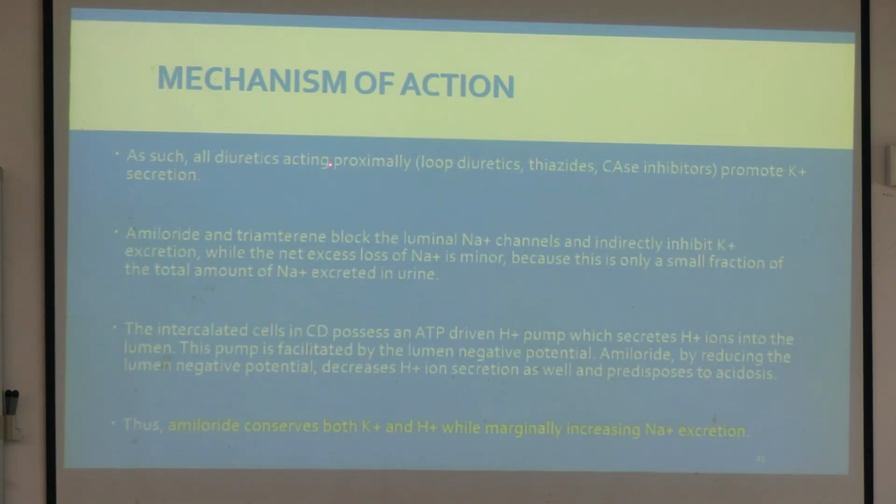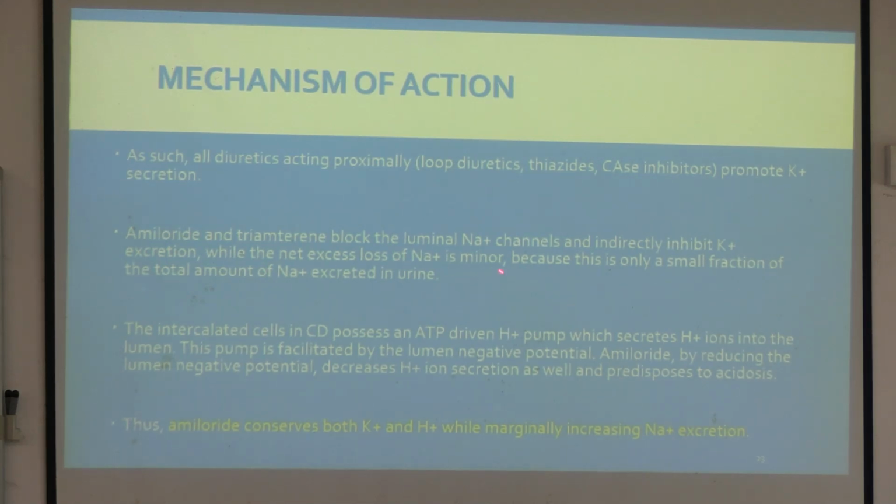As such, all diuretics acting proximally promote potassium secretion. Amiloride and triamterene block the luminal sodium epithelial channels and indirectly inhibit potassium excretion.